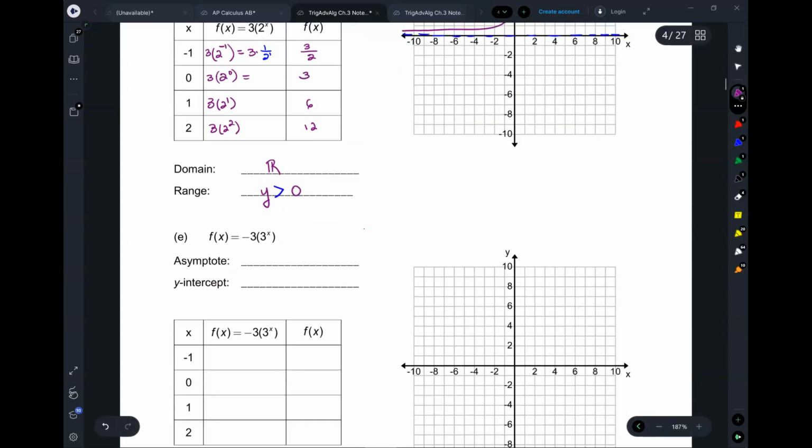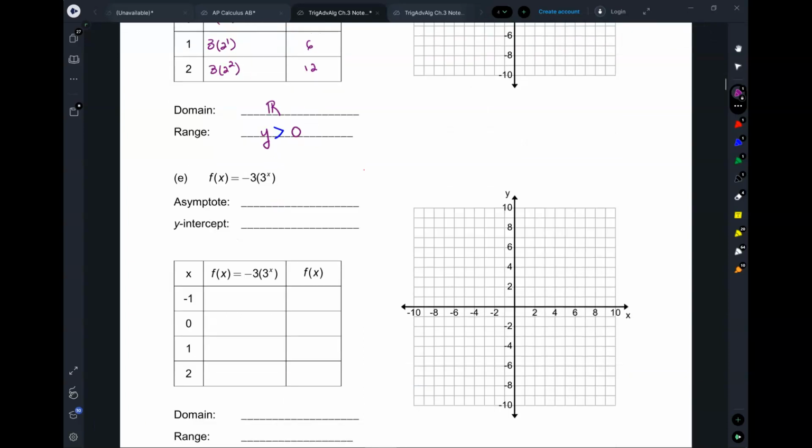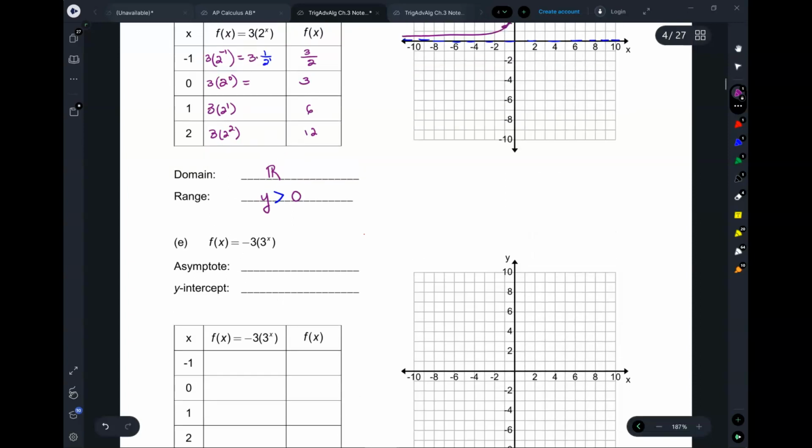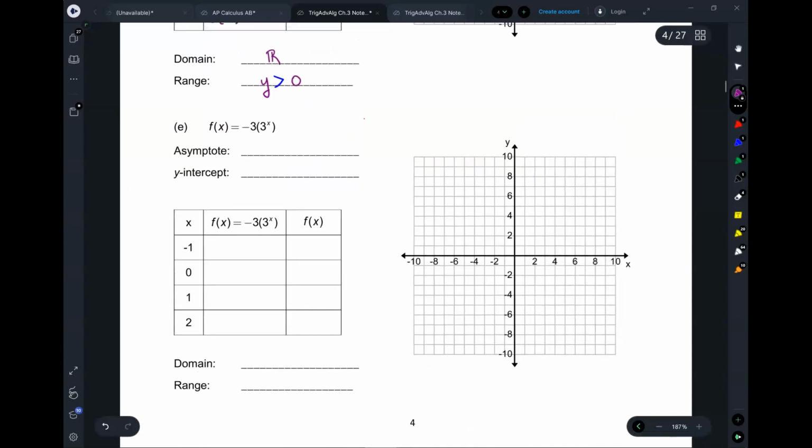Okay, so now I have f of x equals -3 times 3 to the x. Asymptote is what again? Y equals 0. Y-intercept, -3 times 3 to the 0. -3 times 1, -3. Right.